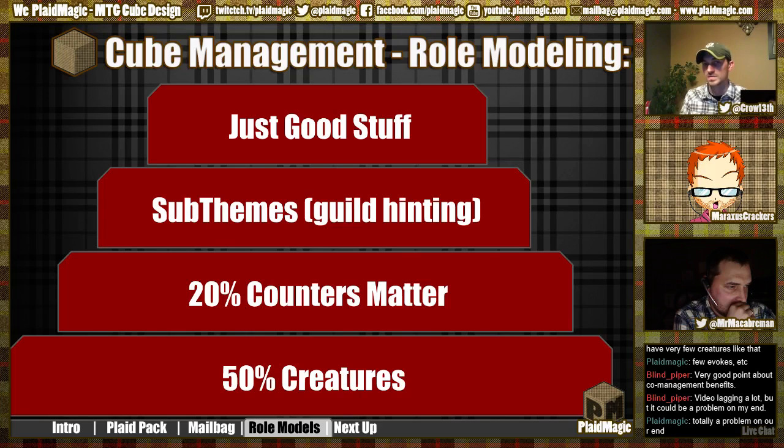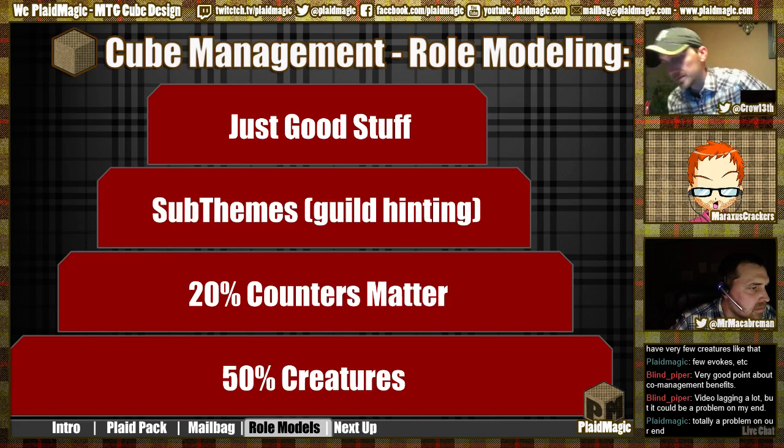Now, I think there's a misconception that if you have a theme cube, everything should be based around your theme. But in reality, I think it works best when you have a good balance like this. If you segment it off, you can have a good balance of a variety of different cards, and it becomes a way for you to understand quickly what role a particular card fits in your cube.